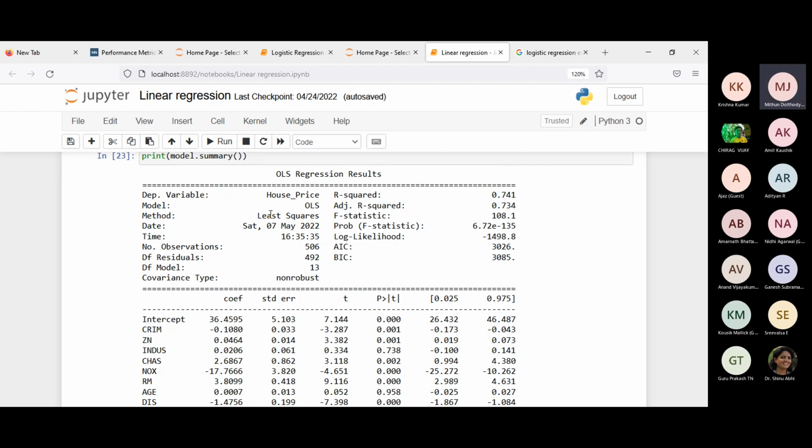Okay, anybody else, guys? Guys, only two or three things that you need to keep in mind. First point is whether the model is good or bad.